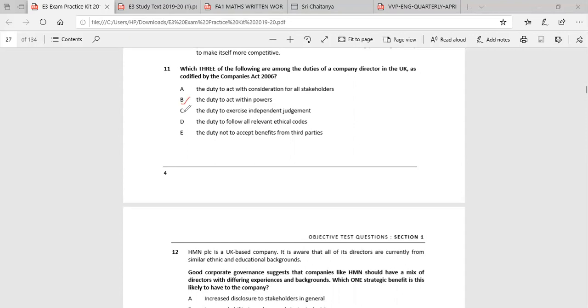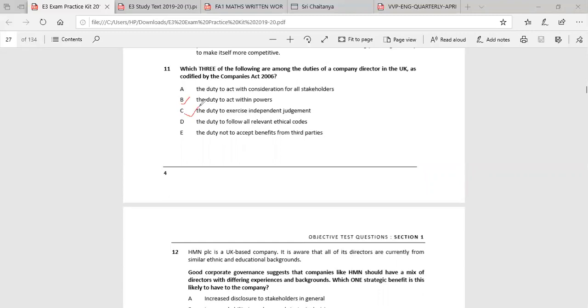The duty to exercise independent judgment, C. The duty to follow all relevant ethical codes. The duty not to accept benefits from third parties. So between D and D, which one would you select? It's the governance part of it.